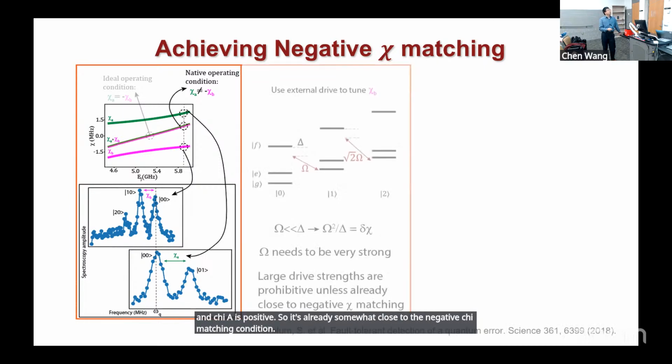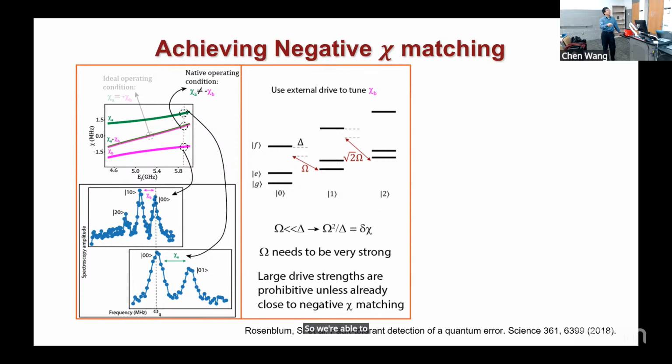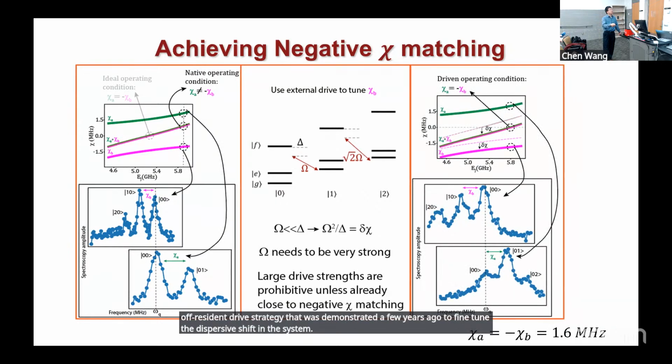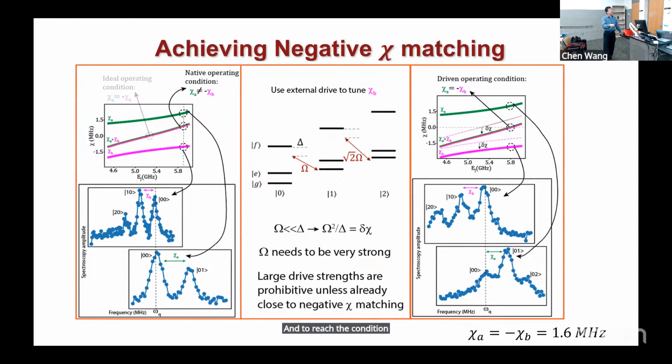So we're able to use a pump drive on the system. This follows an off-resonant drive strategy that was demonstrated a few years ago to fine-tune the dispersive shift and reach the condition where the negative chi matching is met.